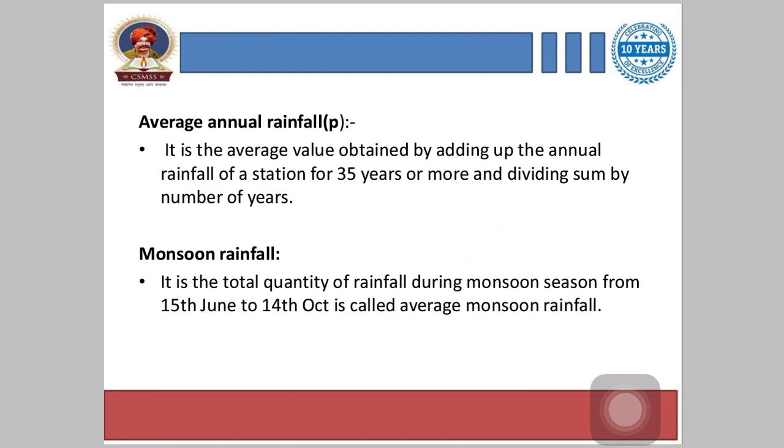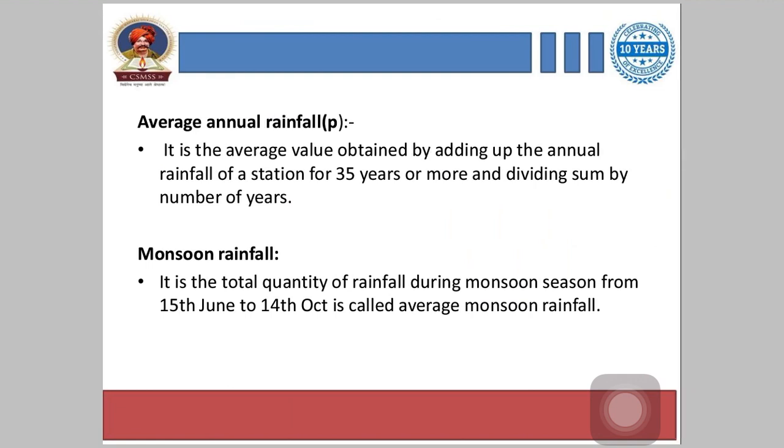And average annual rainfall. The average annual rainfall is denoted by P, and this average value is obtained by adding up the annual rainfall of a station for 35 years or more and dividing the sum by number of years. Next is monsoon rainfall.